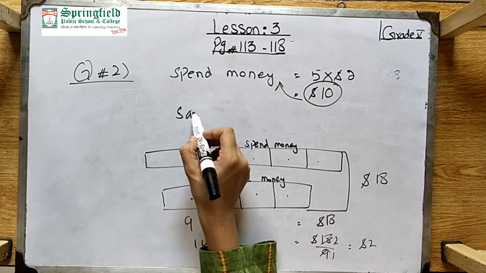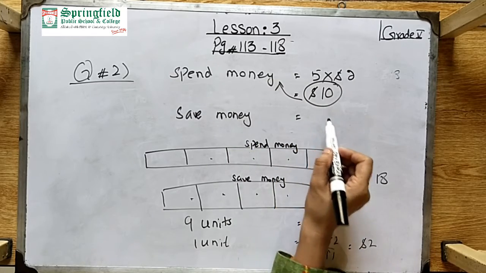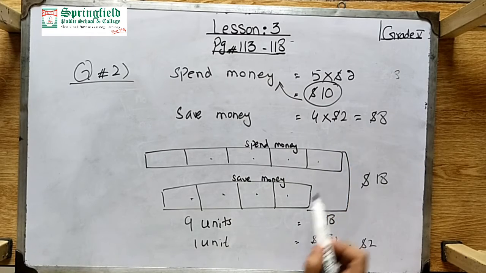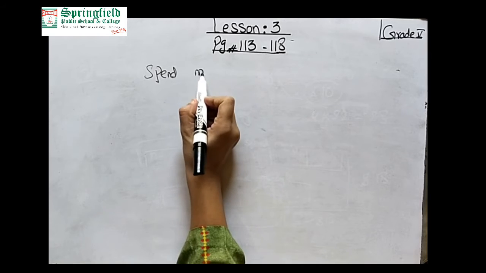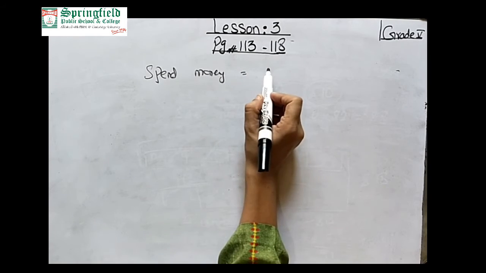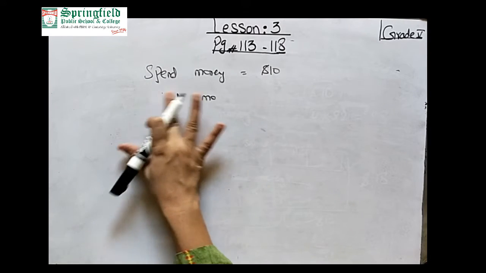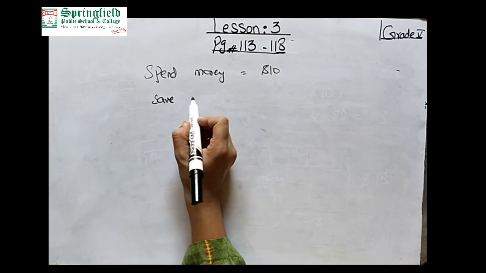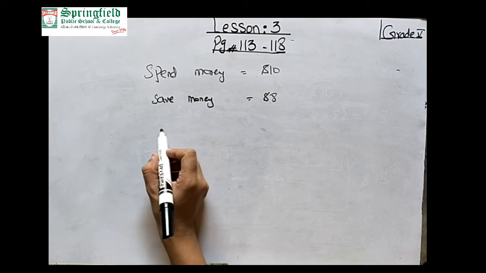Now save money: how many units are here? 4. 4 multiplied by $2 means $8. He saved $8 and spent $10.